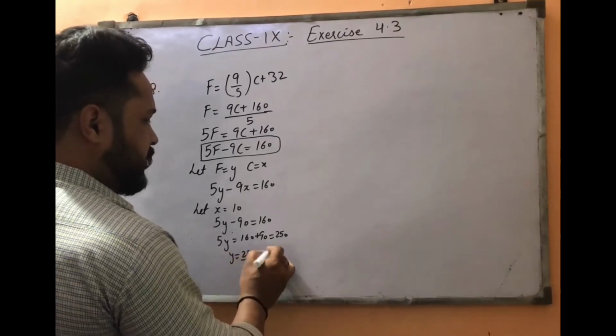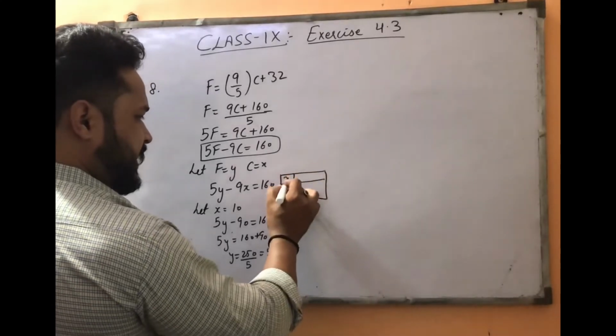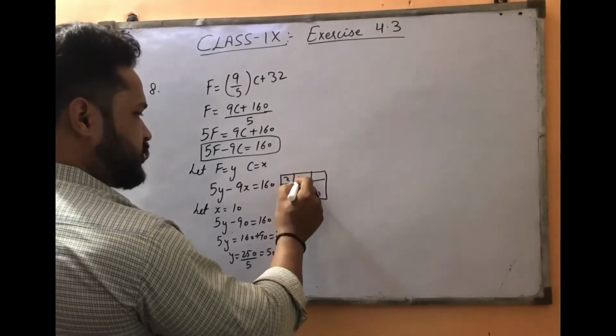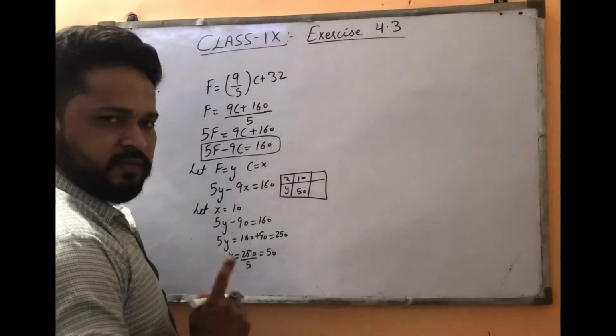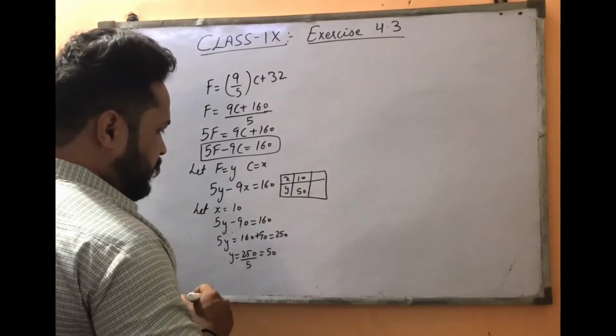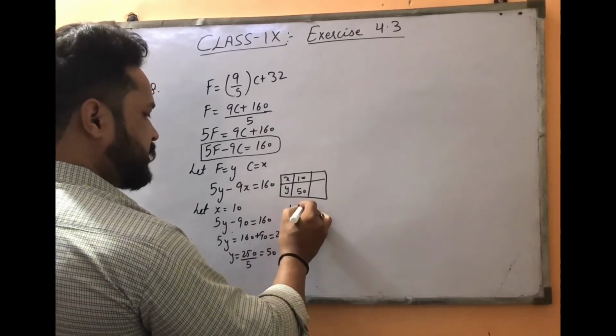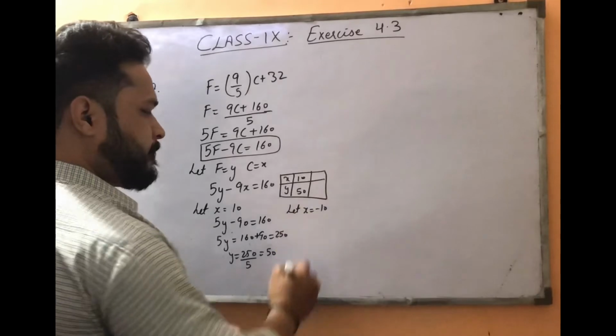that is 50. That means when x equals 10, y equals 50. This is the first solution. Now I can take the second one. Let x equal minus 10.